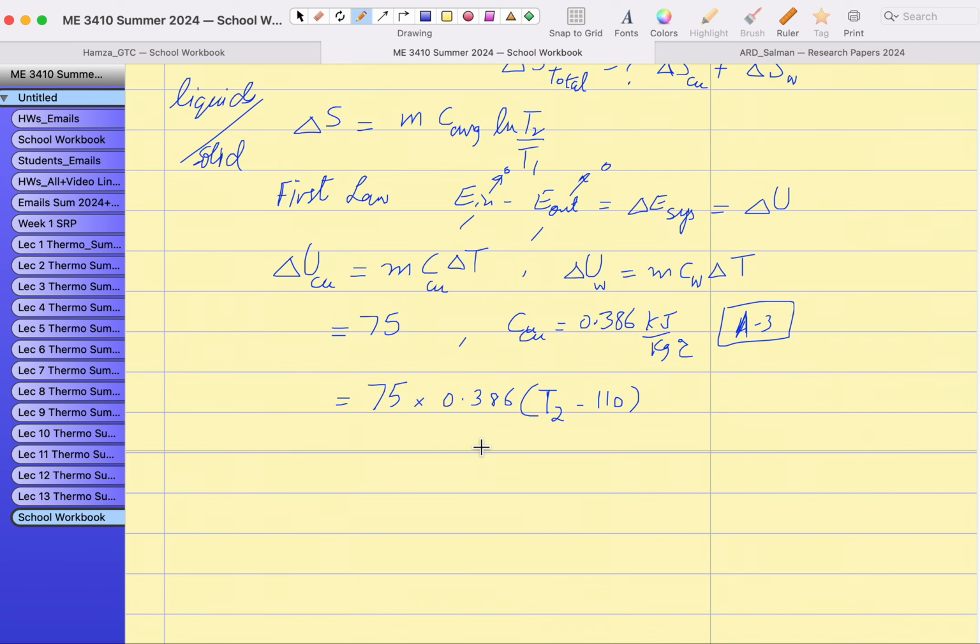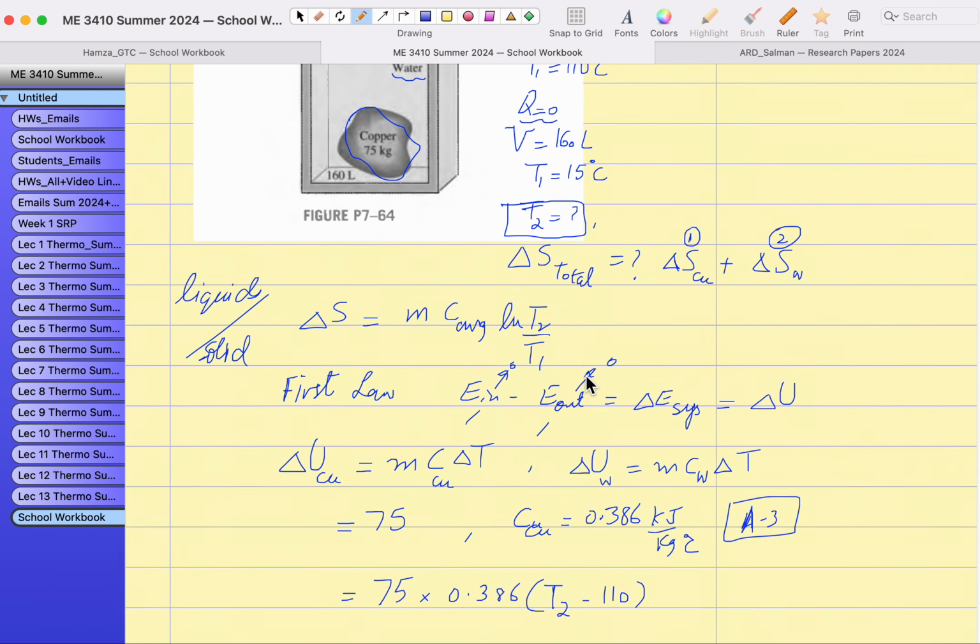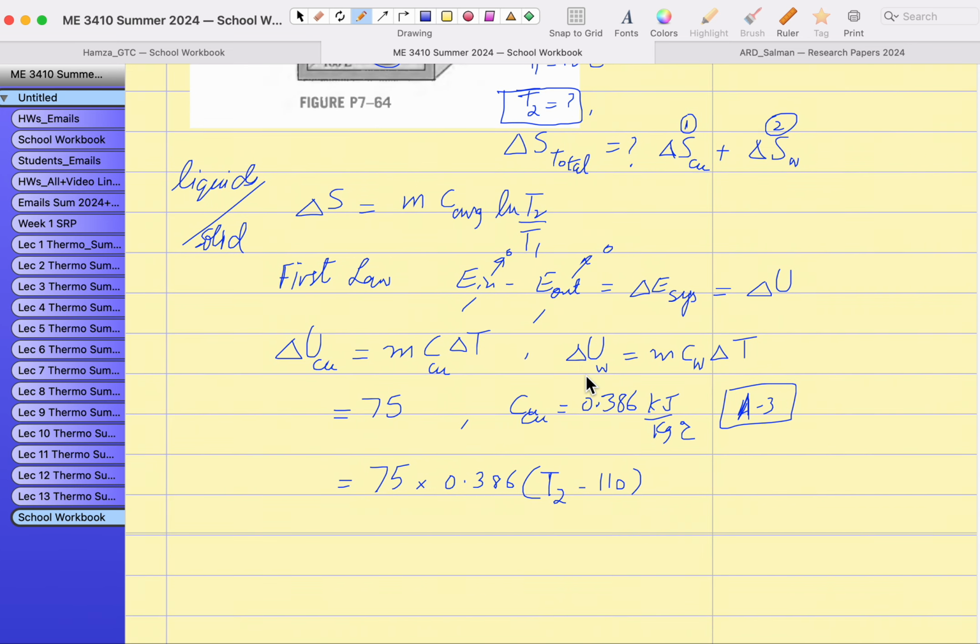This is the energy balance, and it equals 0. For water, delta U is m for water times C for water, which is 4.18, times T2, which we do not know, minus T1, which is the initial temperature.